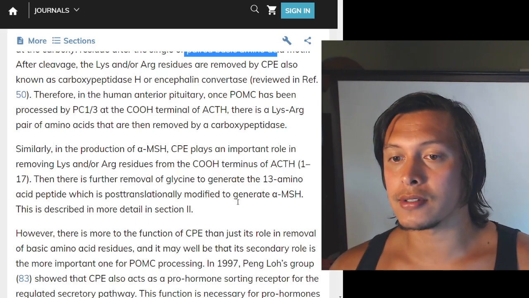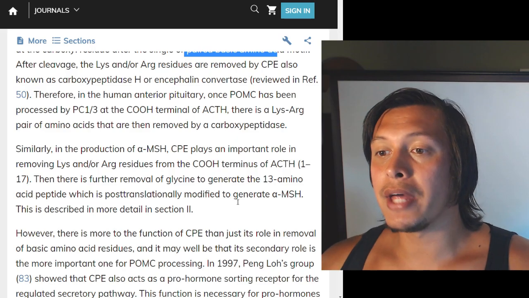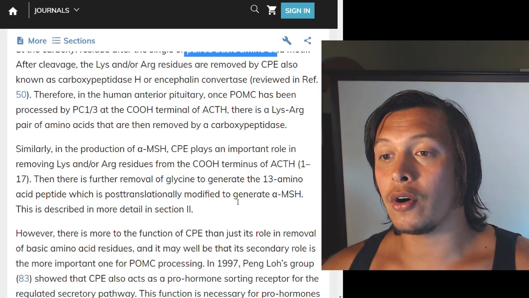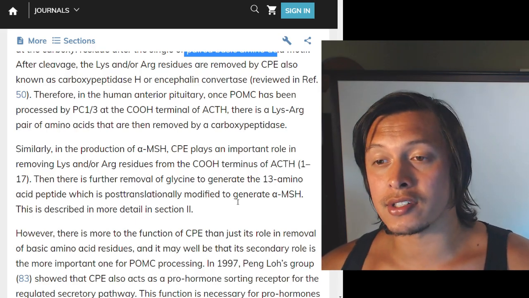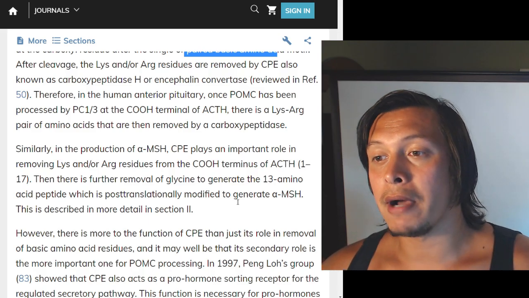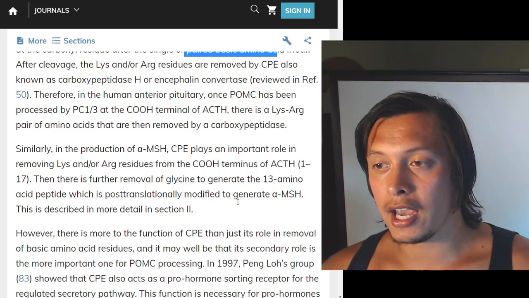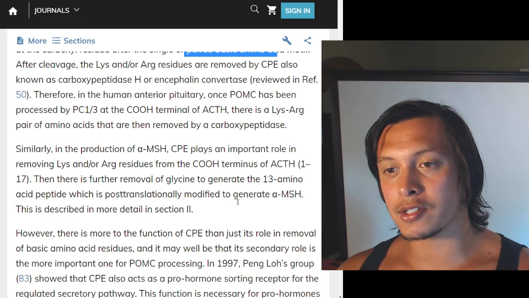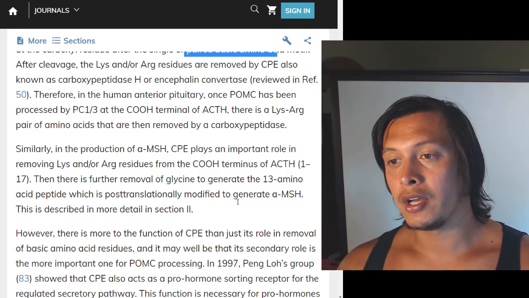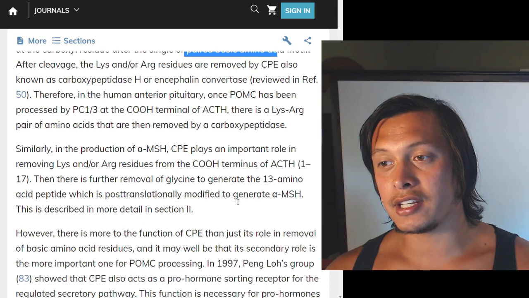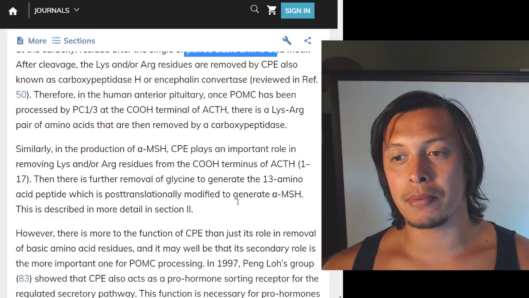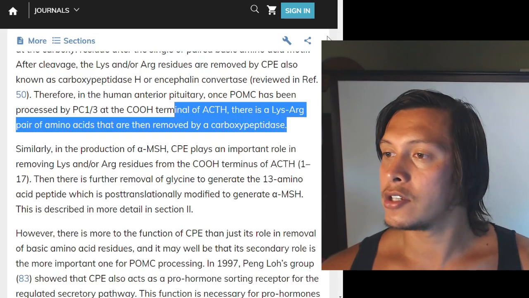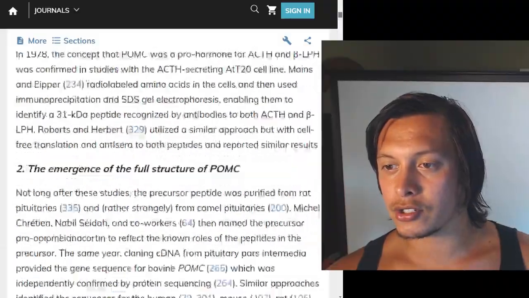They're basic amino acids that are then removed by a carboxypeptidase, after the first processing by PC13 at the terminal of ACTH. So let's go back to that image to see.